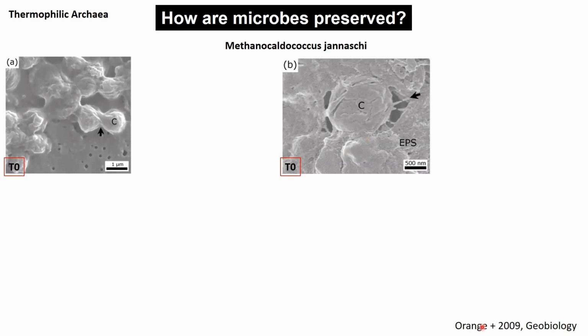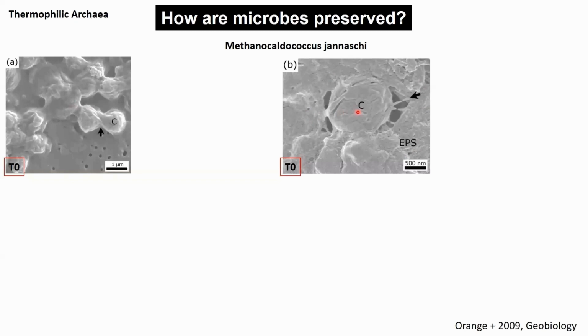This is work from François Orange during his PhD. He looked at two thermophilic archaea, Thermococcus yayanosii. This is a scanning electron microscope image of the organism. It's not a nice looking organism. It naturally has a rough outer cell wall, but it also produces a lot of polymer, extracellular polymeric substances.